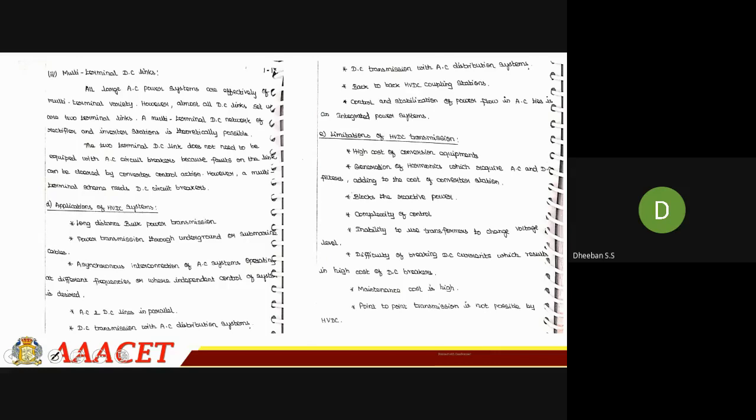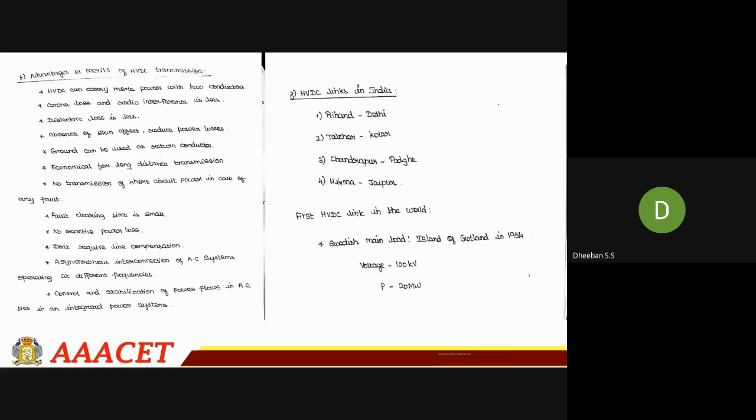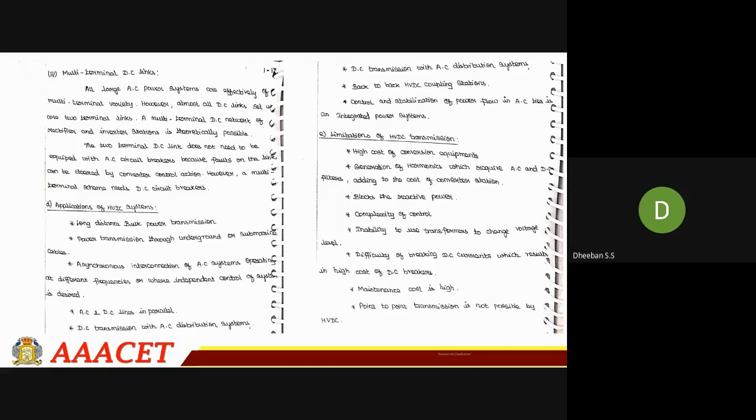So next, coming to your multi-terminal DC links. All large AC power systems are effectively multi-terminal.